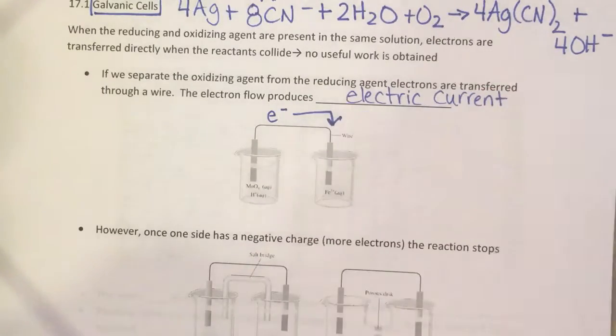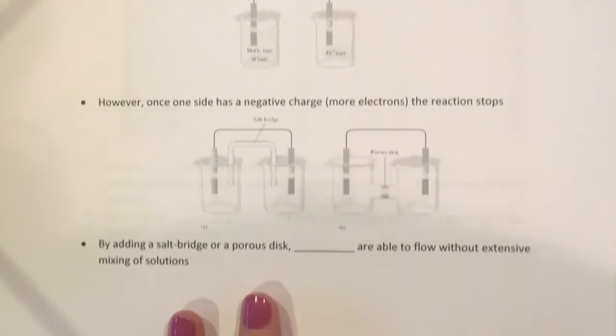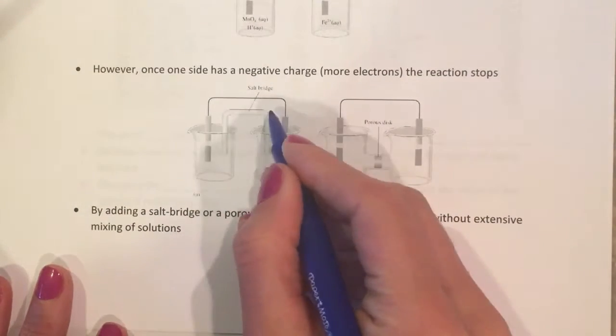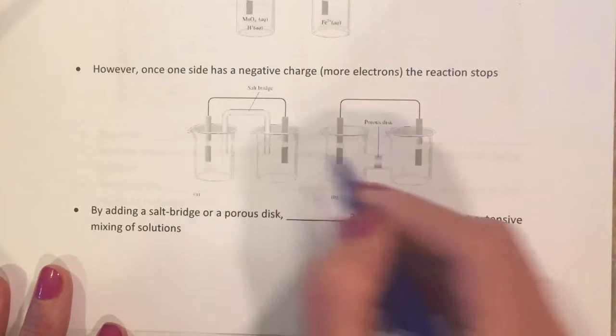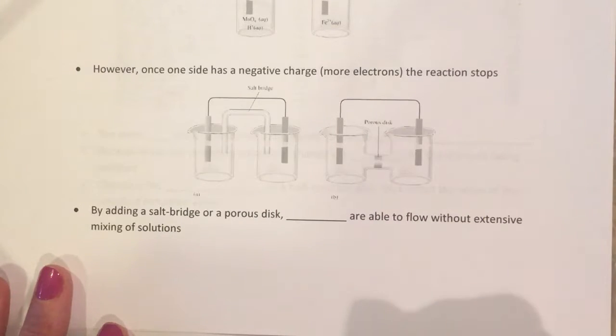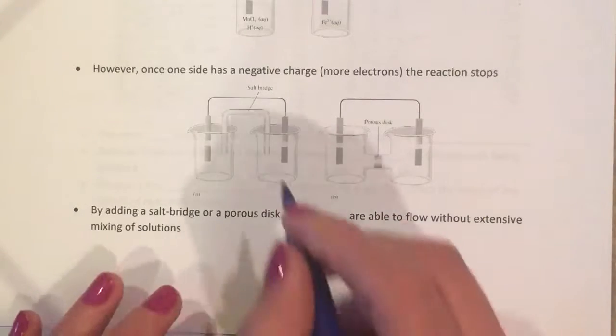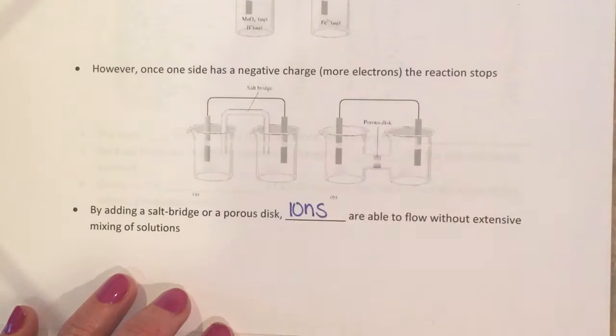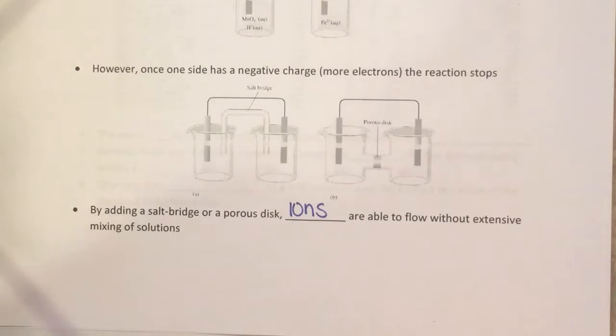So the way it's set up here, I'm not going to make very much electricity. So what I'm going to do is I'm going to either add a salt bridge, that's what's pictured here, or porous disc. What's going to happen is I'm going to have ions that are able to flow, but I'm not going to mix my solutions. And I'm going to talk about what that means in a second.